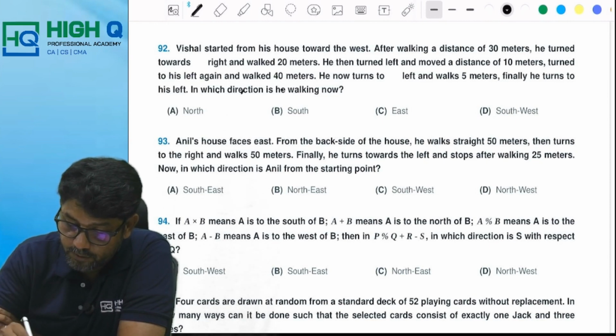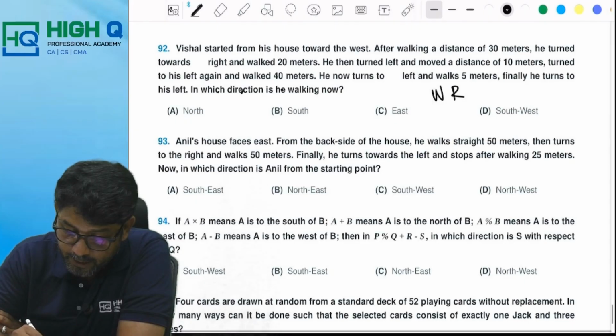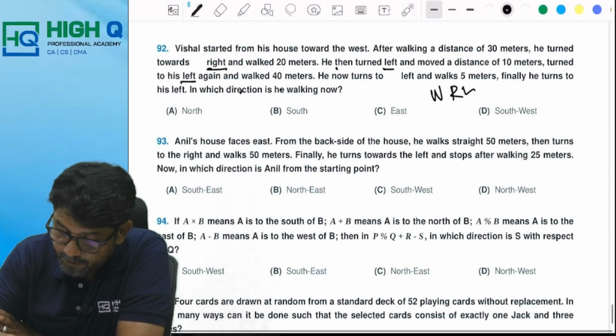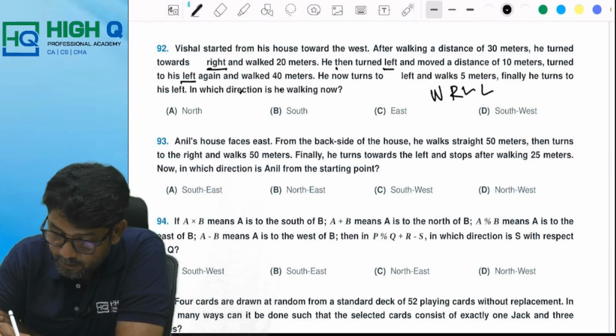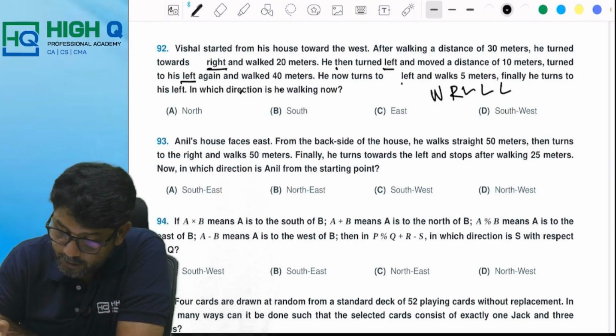Look at this, my dear. First, after walking a distance of 30 meters, see west. First, he is walking west. He turned towards right. First right. After that again left, again left, again left.